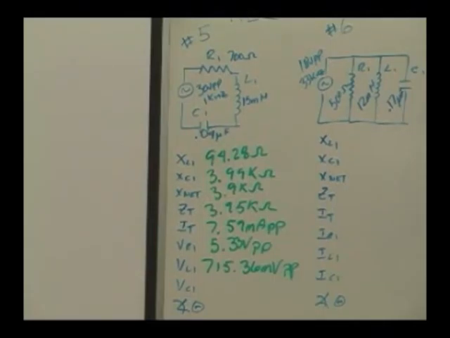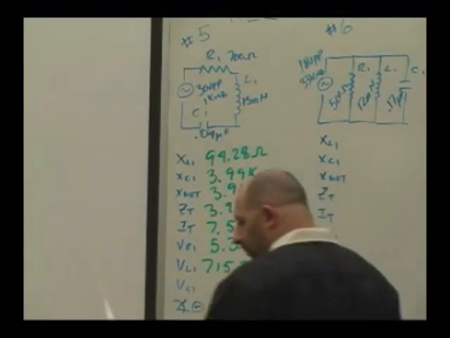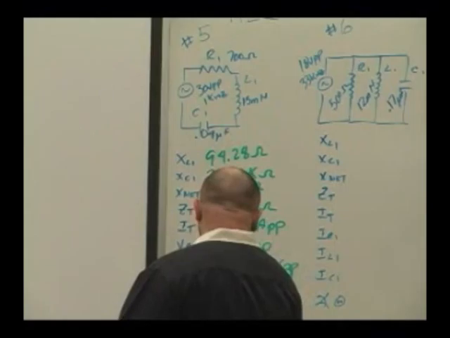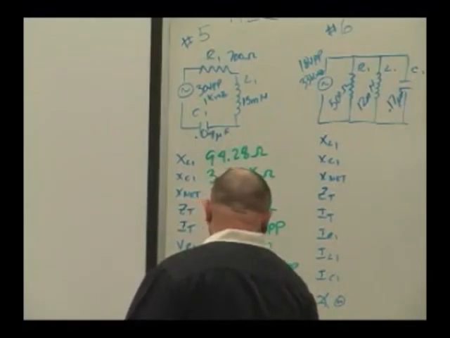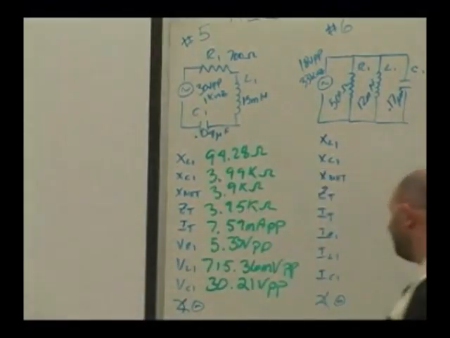I have 30.21. Yeah, that's good. I like it. 30.21, I've got 2.4, that's pretty close. Volts, peak to peak, just like that. All right. VNet.